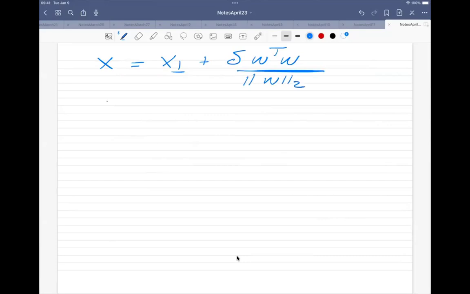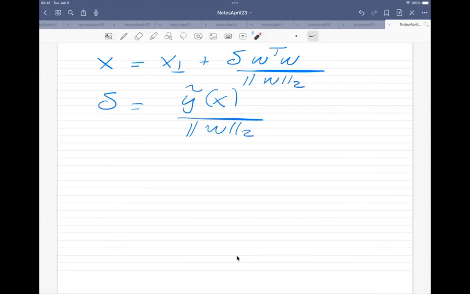This constant delta is actually given when we use the fact that it is 0 on the line. This is now defined as y of x divided by the norm 2 of the vector w. So that means that I have a kind of recipe where I can set up my given vector x in terms of this quantity here.